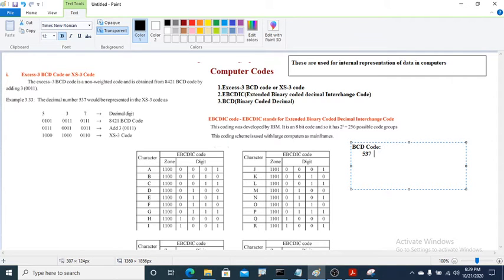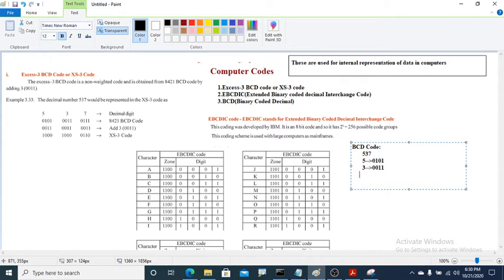Let us write the chart, the same as for EBCDIC, with a few minor changes. 5 we represent as 0101. 3 we represent as 0011 in the 8421 code.